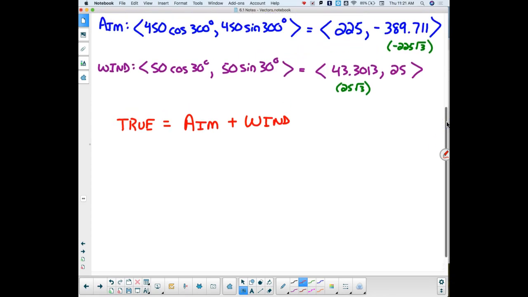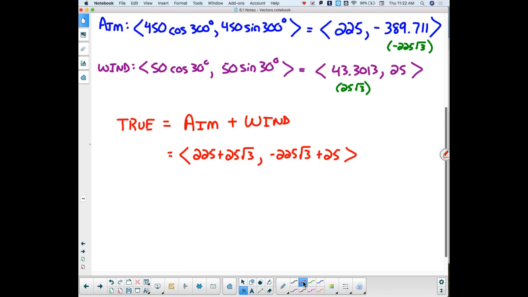So the vector of my true flight is going to be 225 plus 25 square roots of 3 and negative 225 square roots of 3 plus 25.